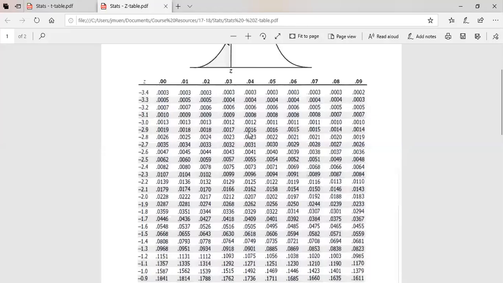I'm going to remind you that to find the z-score for a confidence level, we take that level of confidence and subtract it from 1. So 1 minus 0.98 is 0.02. Then we divide that by 2, because we're looking for an area on only one side. Remember that this table is for one side only.